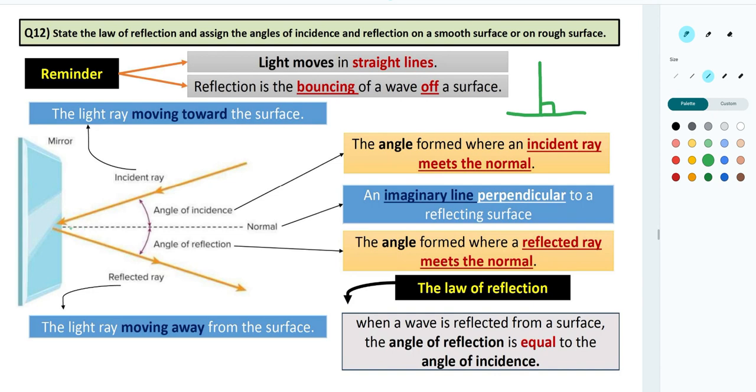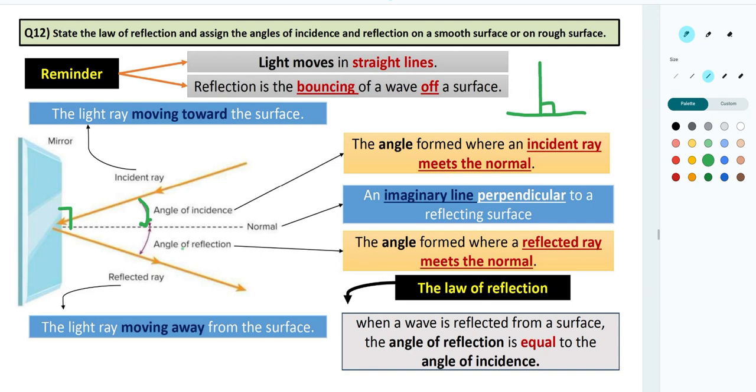So we can see that this is a 90-degree angle between the mirror and the normal. And we're measuring our angle of incidence from the ray to the normal. So the angle formed when the incident ray meets the normal, an imaginary line perpendicular to a reflecting surface. So again, this is our definition of a normal.